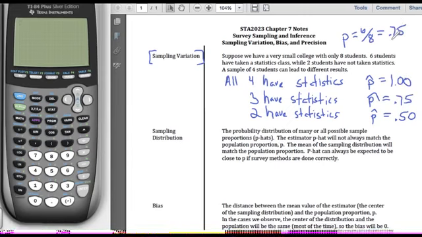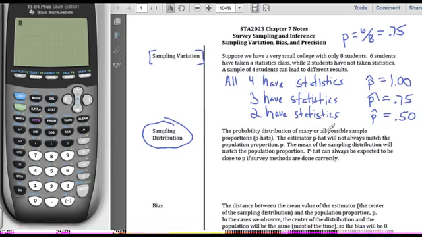So we need to have some way to take that into account. We can take these samples that we have and begin to form the idea of a sampling distribution. The probability distribution of many or all possible sample proportions, P hats, is known as the sampling distribution.